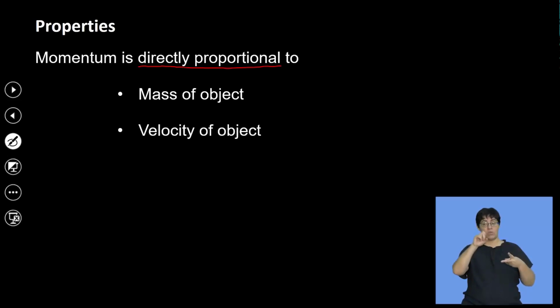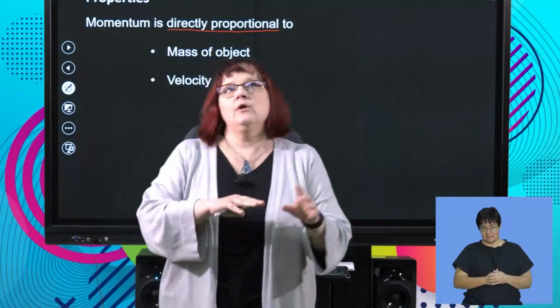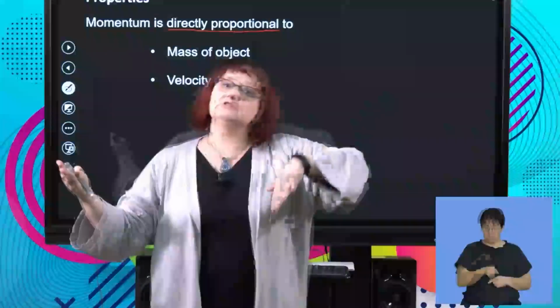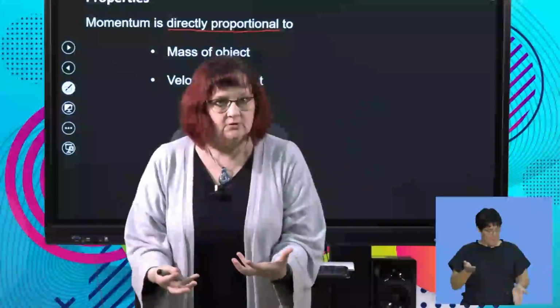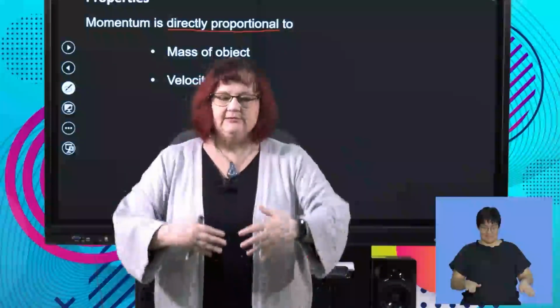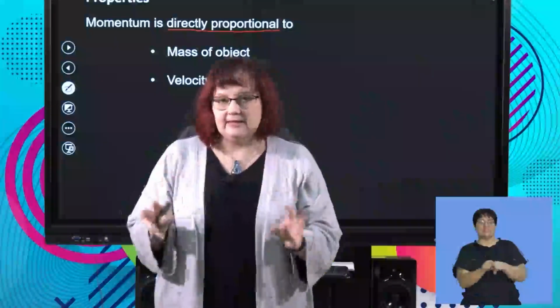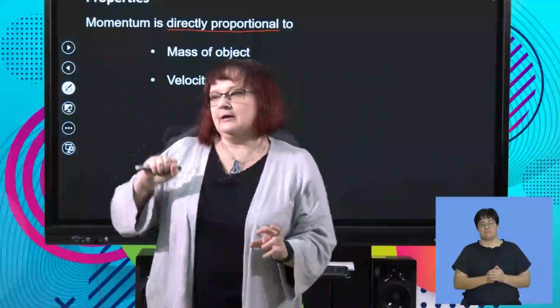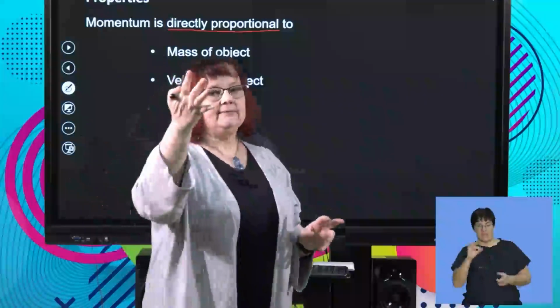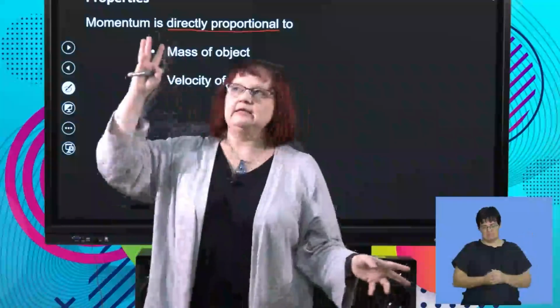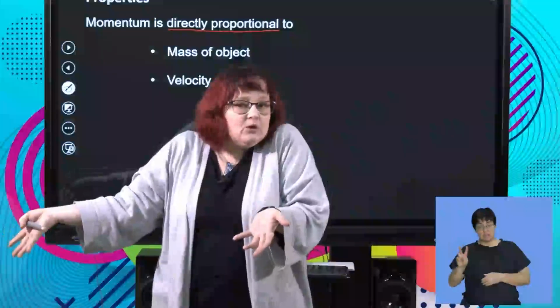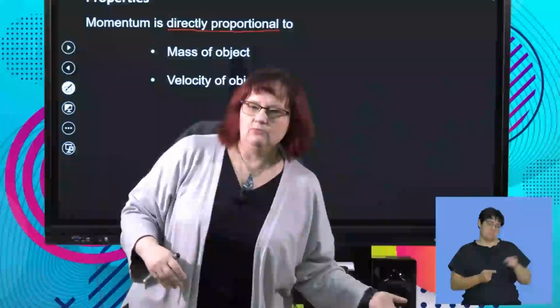Momentum is dependent on velocity. So if the velocity changes, momentum changes, but again, they're directly proportional. So that means for us that they change by the same factor. If I make the velocity 3 times bigger, the momentum is 3 times bigger. If I make the velocity 2 times smaller, the momentum's 2 times smaller.